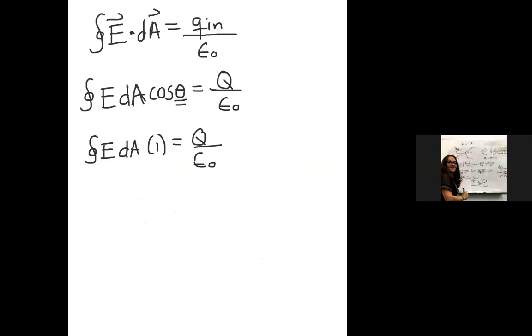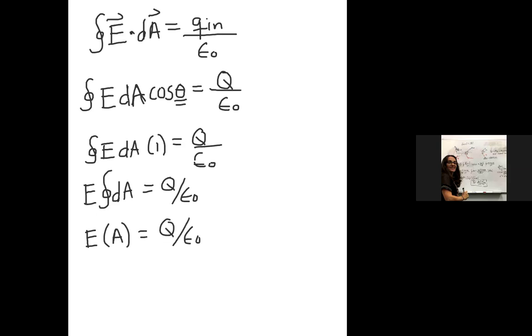Okay, so I've done my vector, check. Now I can do my calculus. So E comes out of the integral, and then I'm just going to integrate little bits of the surface over the whole surface. What I get is just the area back, equal to the total charge over epsilon naught. What area? The Gaussian area, for your fictitious Gaussian, which in this case was a sphere of radius r.